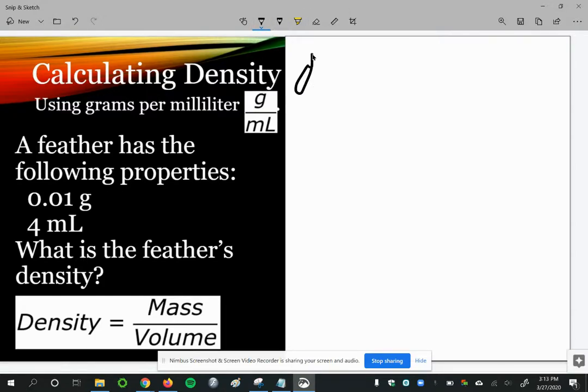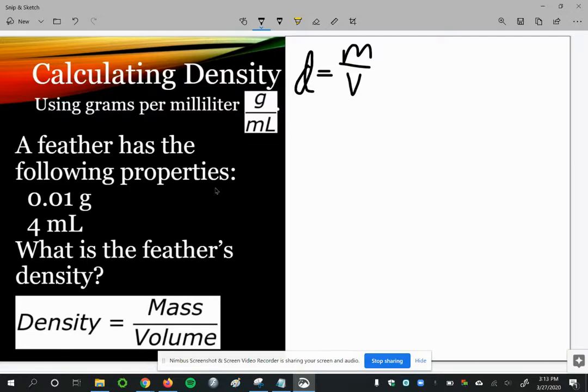Strange. I always encourage you to rewrite the formula. So density equals mass divided by volume. I apologize for my sloppy handwriting. Usually you can do this with my fingers, but my computer's not agreeing with me right now.